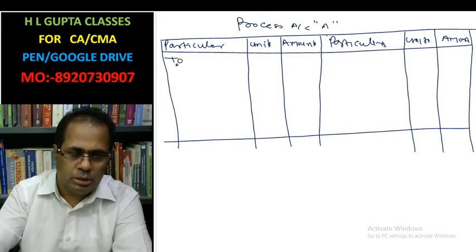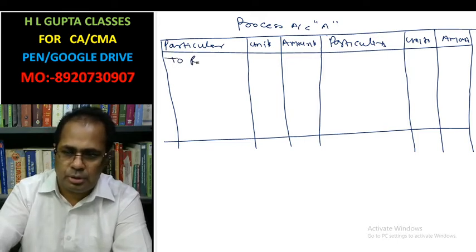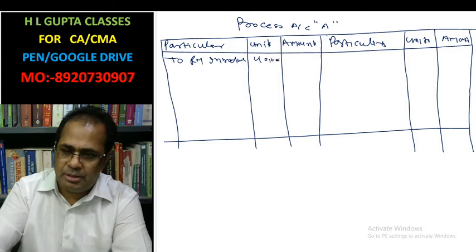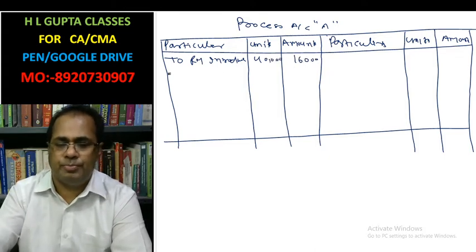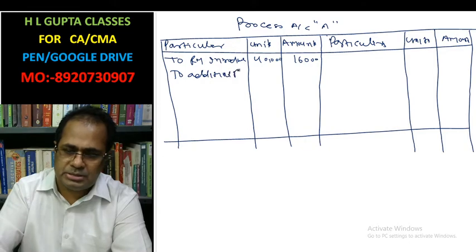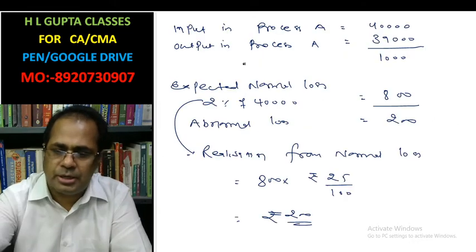To raw material introduced, 40,000 units at a cost of 16,000. To additional raw material, please try to understand it.